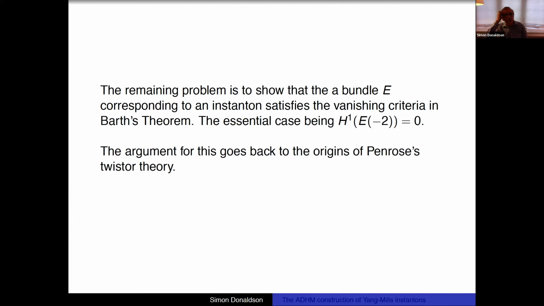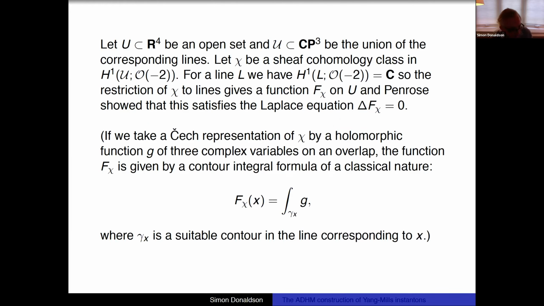So the essential case, the H0s are rather obvious, in fact, but the essential case is the vanishing of the H1 of E minus 2, and similarly replace E by the dual bundle, E star. So the argument for this is interesting, and it goes back to the origins of Penrose's twistor theory, and an earlier part of the story of the development of this twistor theory. So let's digress to explain that.